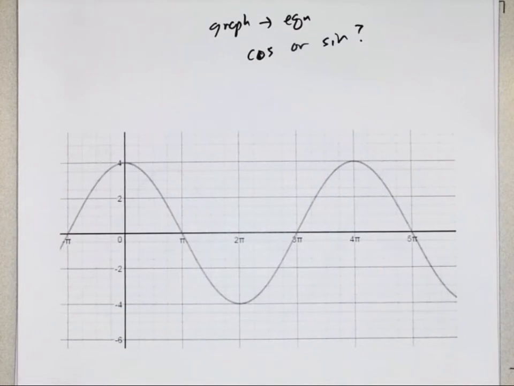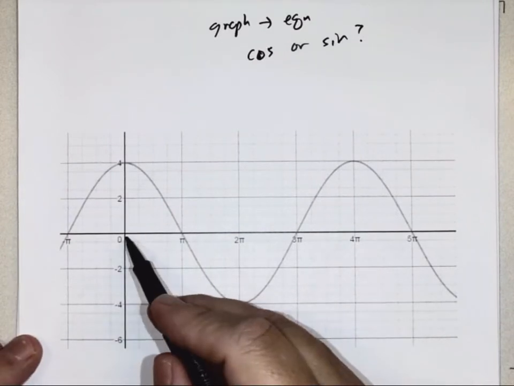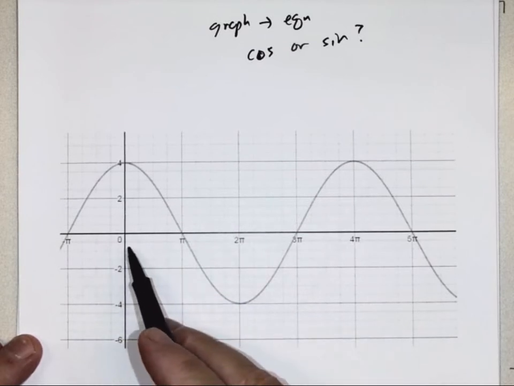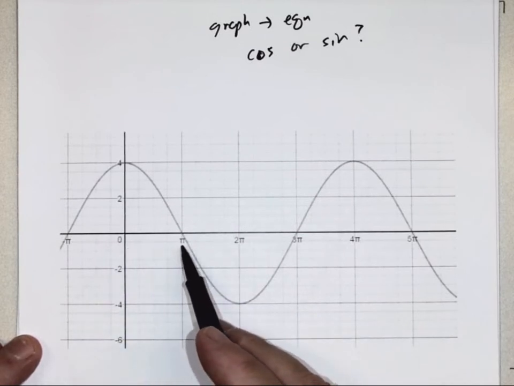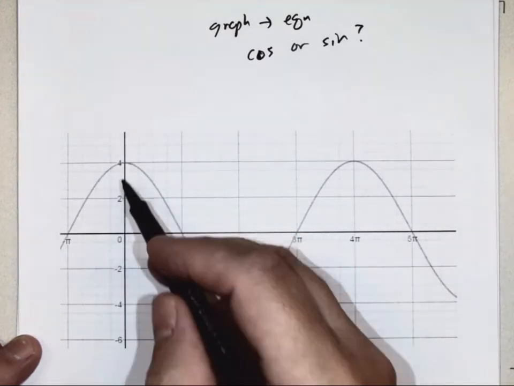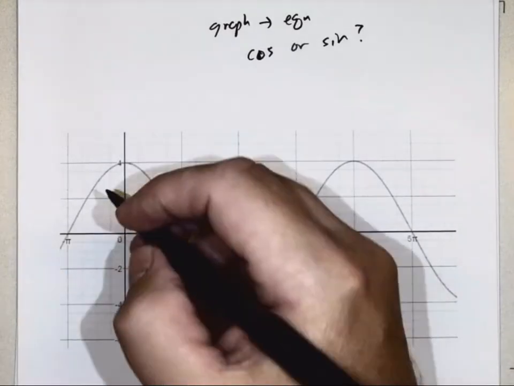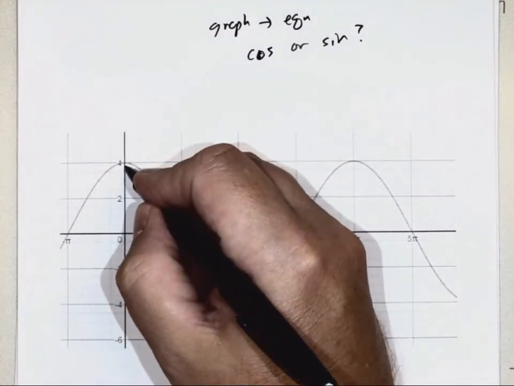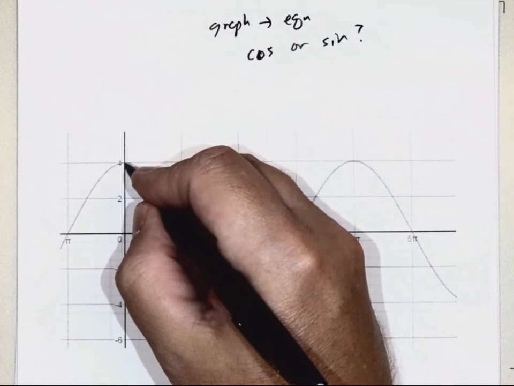And the whole key is what happens when the angle is 0. So look at here, here's my axis: 0, pi, 2 pi, 3 pi, 4 pi, up and down, 0, 2, 4. Here's my starting point. When this thing starts, my graph is high.